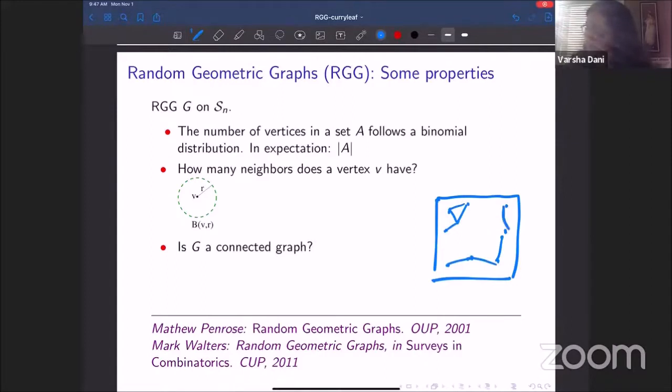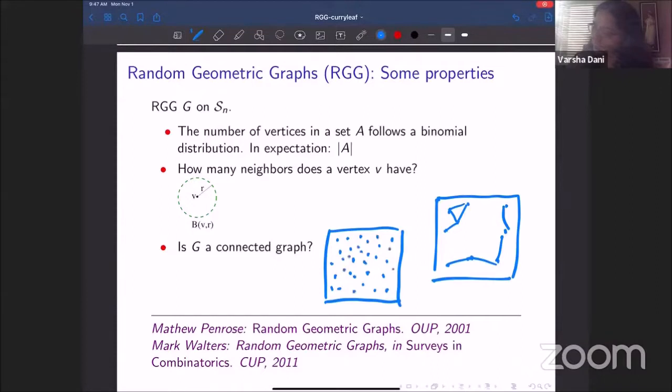Also, if you have large n, but R is very small, so small in fact that say R is 1, then you probably don't capture much in your circle of radius 1. And so you might get some little trees and a lot of isolated vertices.